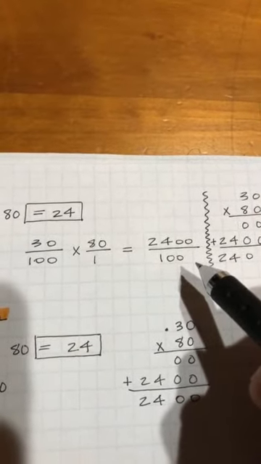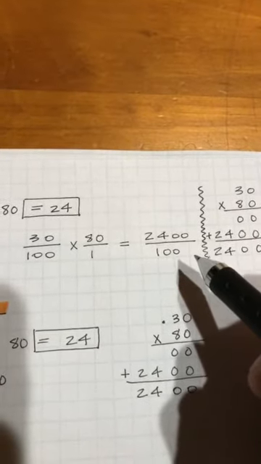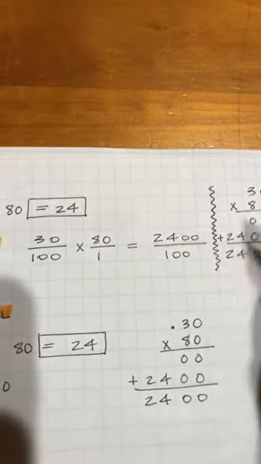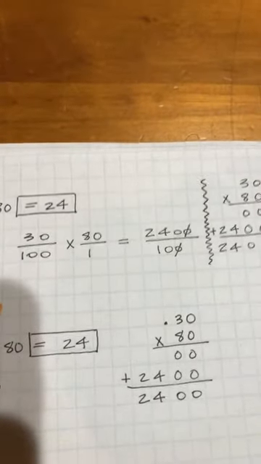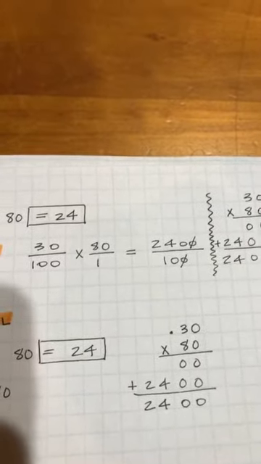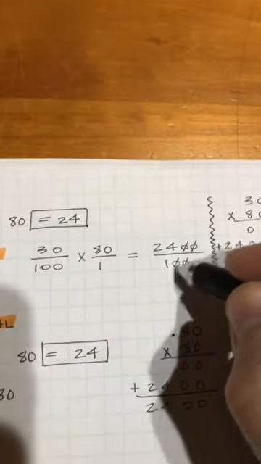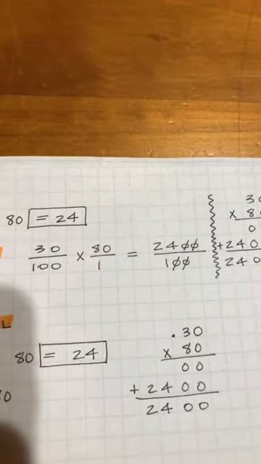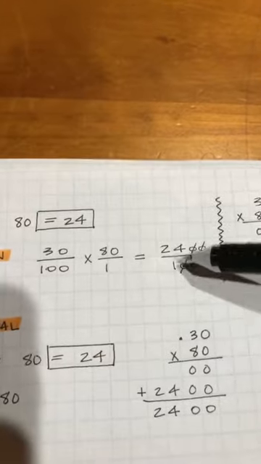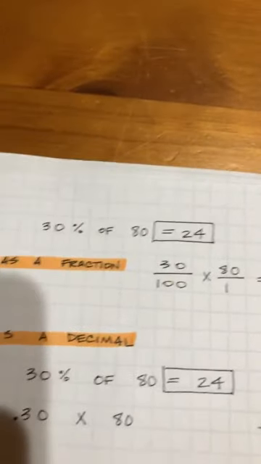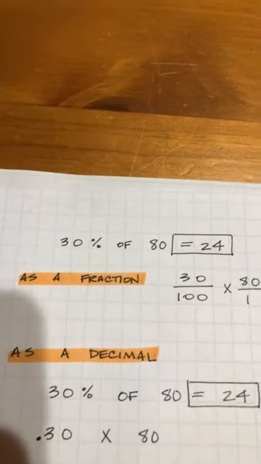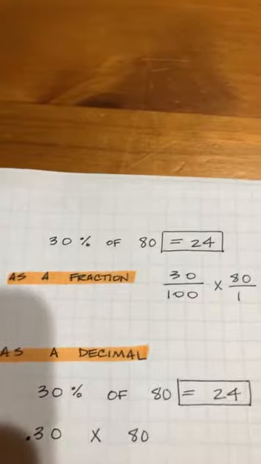So I can go all the way and do that in long division, or I can recognize that that's the same thing as 240 over 10, and it's the same thing as 24 over 1. So those zeros can cancel each other out, and 24 over 1 is just 24. So 30% of 80 is 24. When the numbers are real friendly, like 30% and 80, we can solve that as a fraction.